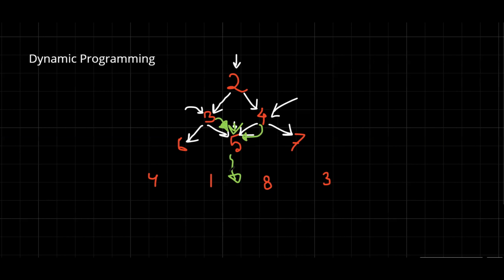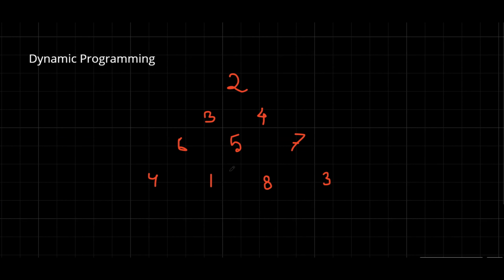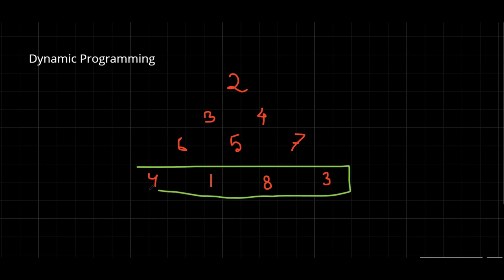Now let's see how we can find the base condition of this problem. Suppose currently we are in the last row, at this last element 4. The minimum amount we have to pay to reach the bottom row is exactly 4.